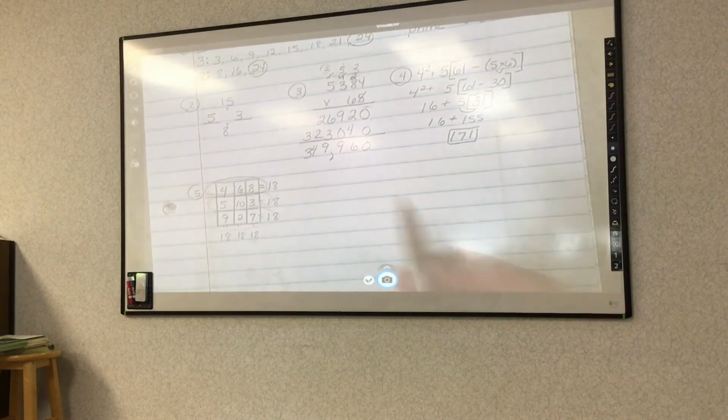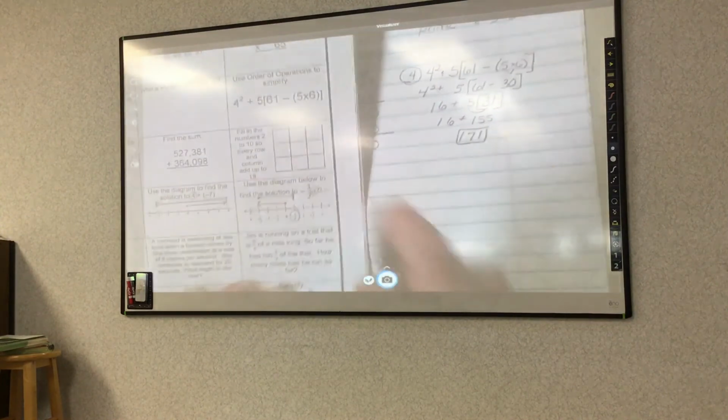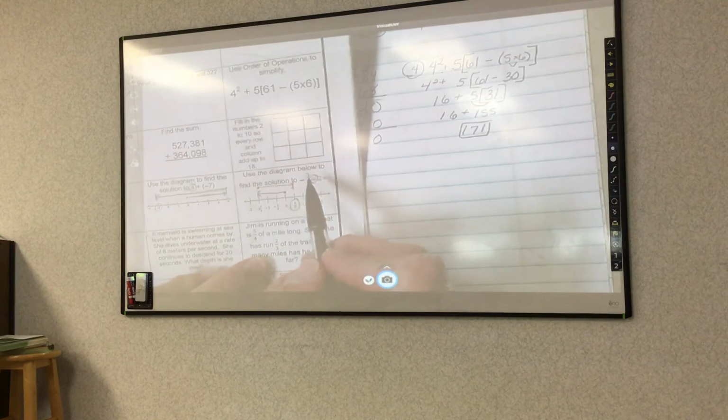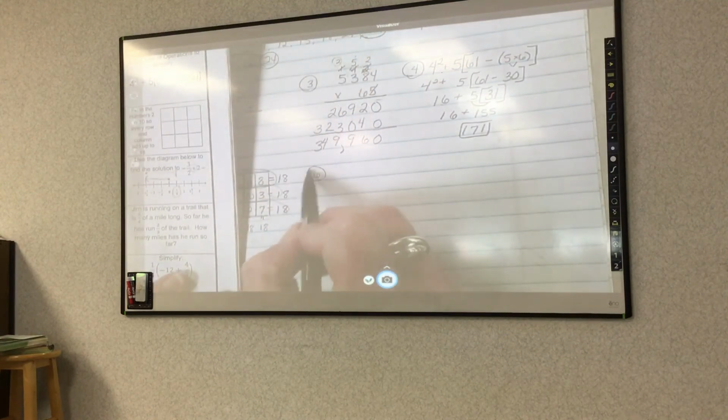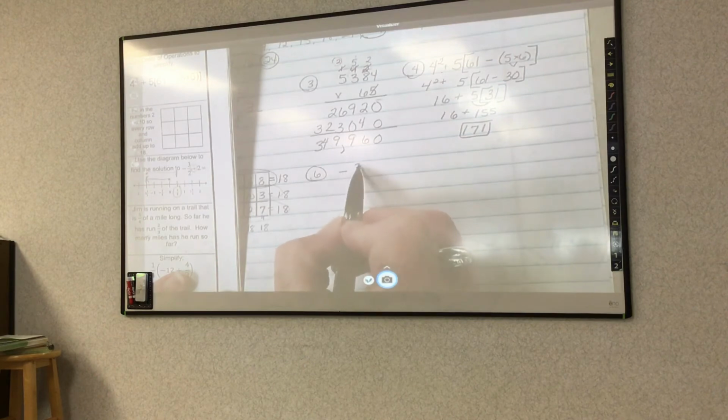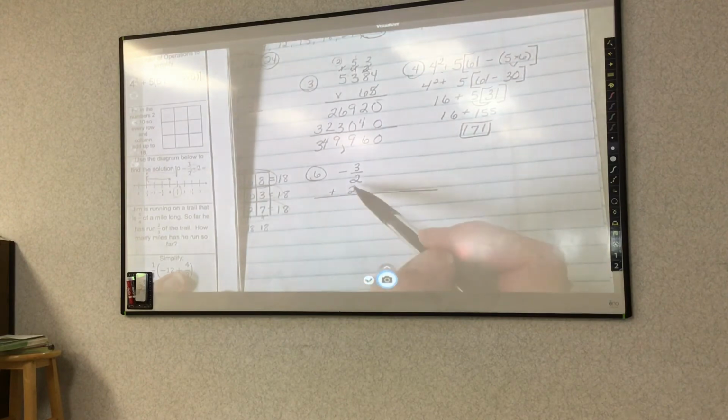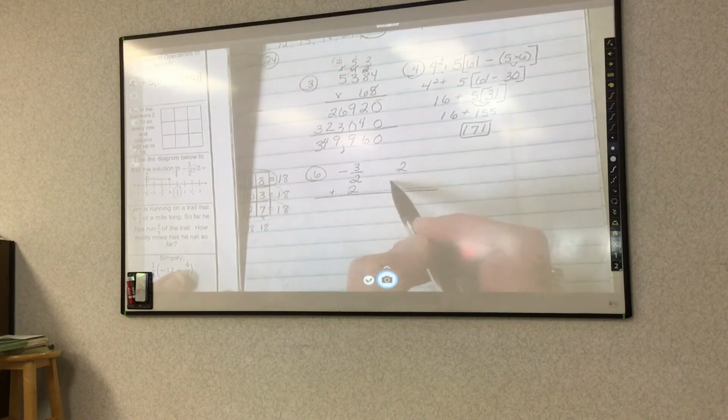Number 6. I'm gonna show you this now without the number line. Okay? So I want you to learn to write negative 3 halves plus 2. I have a negative and a positive. If you have a negative and a positive, you just subtract. So I'm gonna take 2 minus 3 halves.